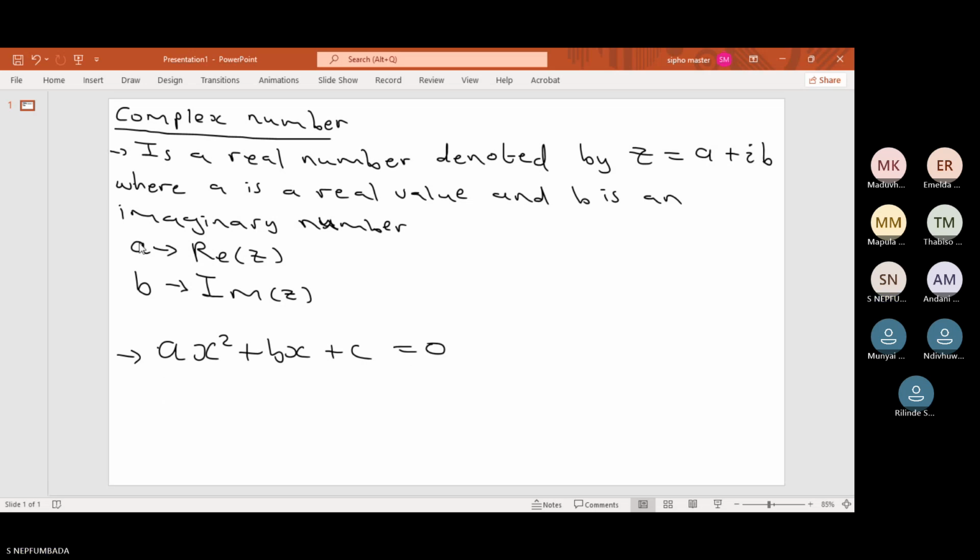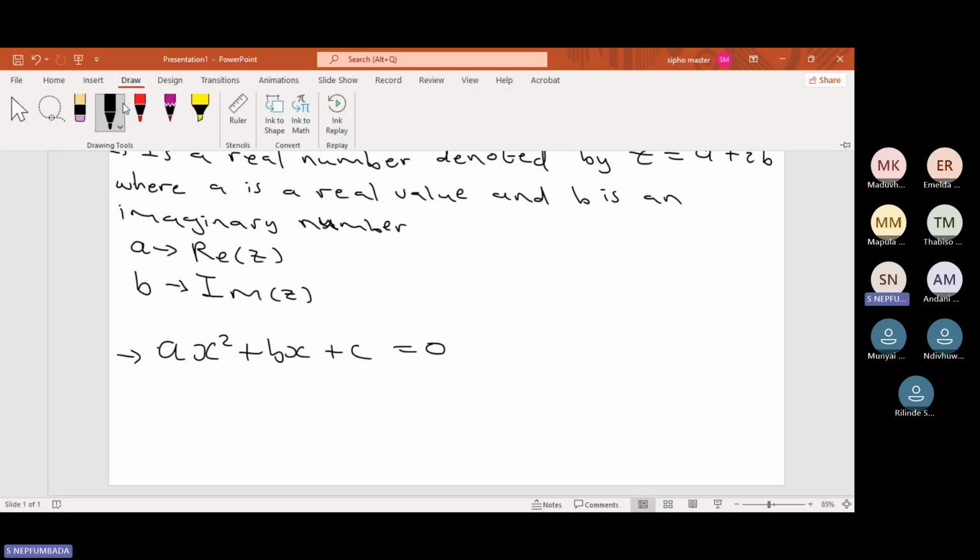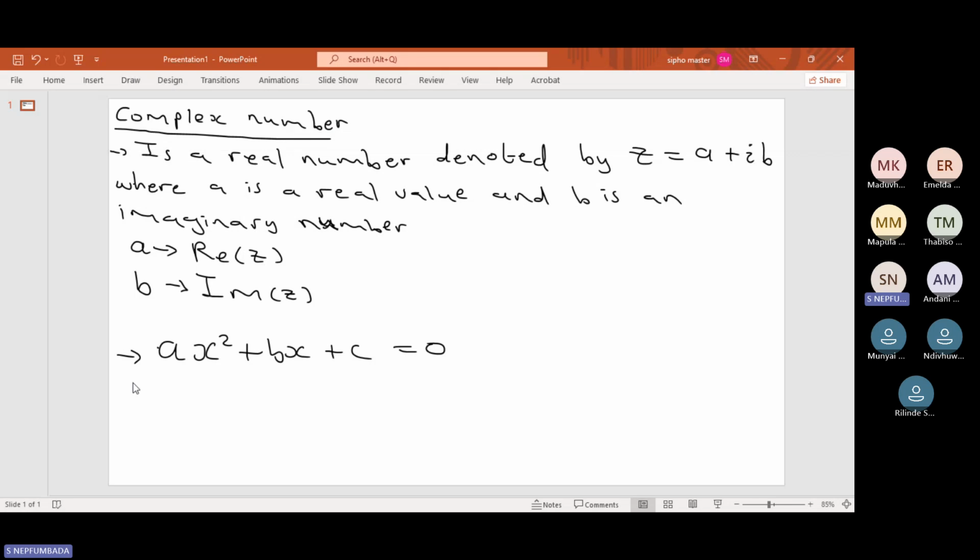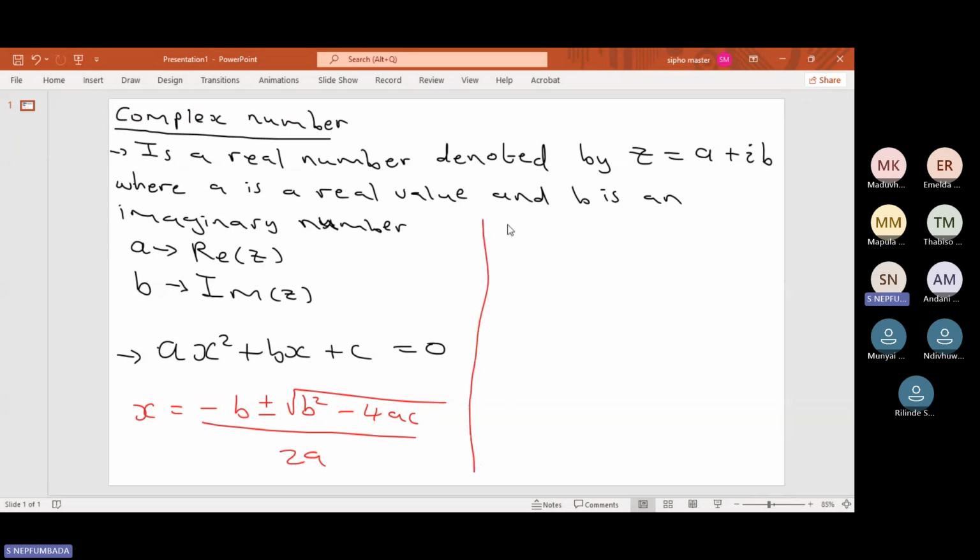So when we solve for x using this quadratic equation, we know that x is equal to minus b plus or minus the square root of what? Of b squared minus 4ac divided by what? By 2a.